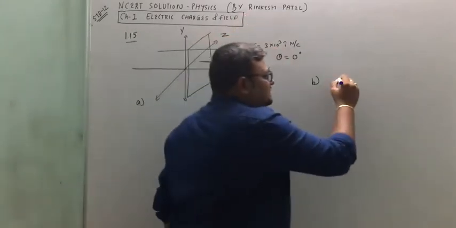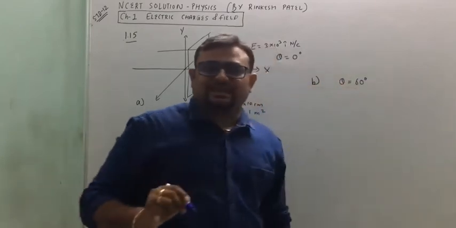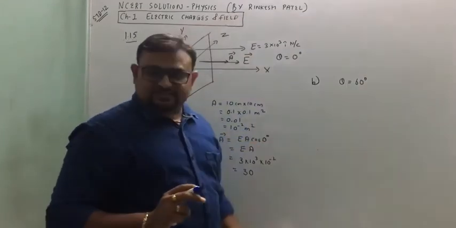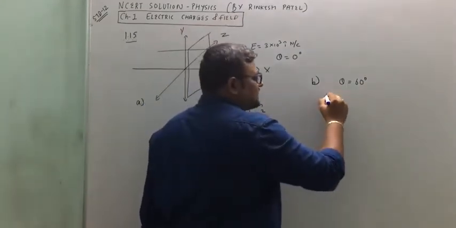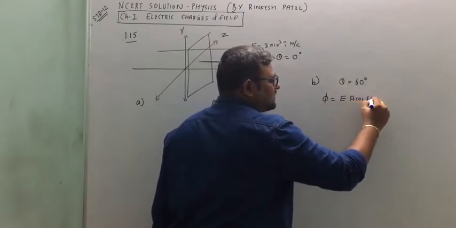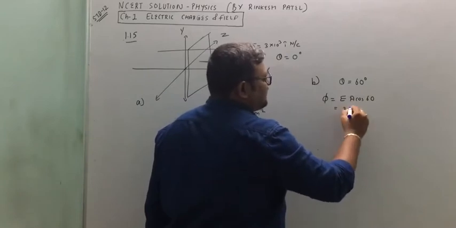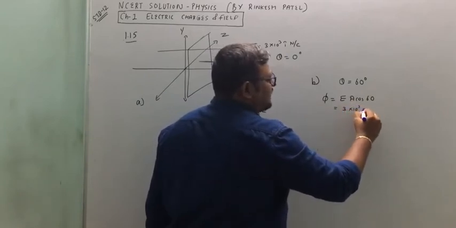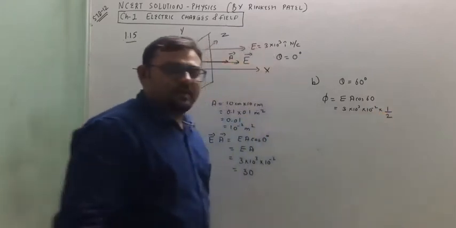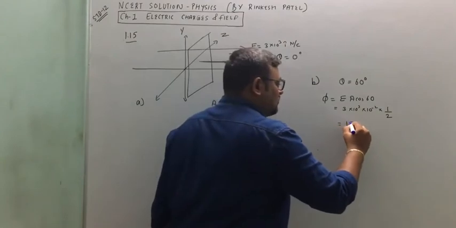So theta, the angle between electric field E and area vector A, will be 60 degree. The flux will be E A cos 60. E is 3 into 10 raised to 3, area is 10 raised to minus 2, and the value of cos 60 is 1 by 2. So your answer will be equal to 15.